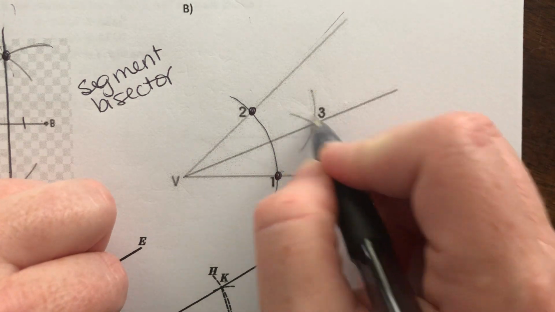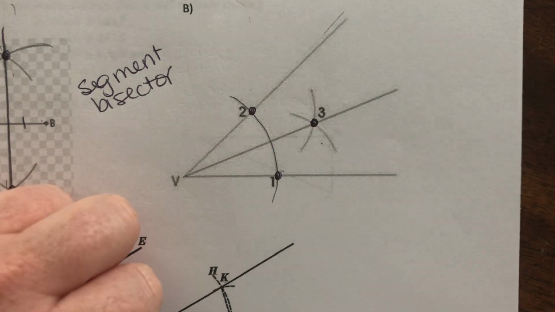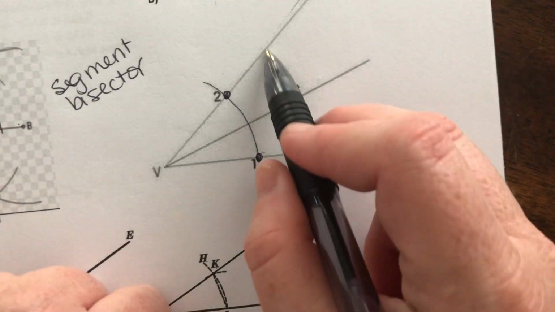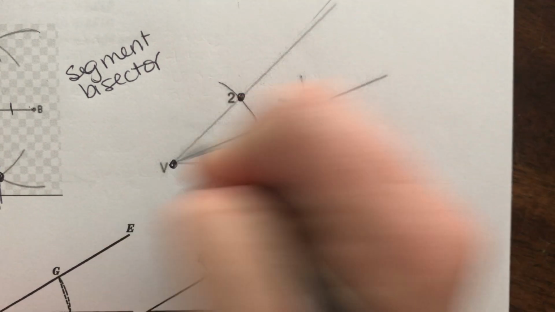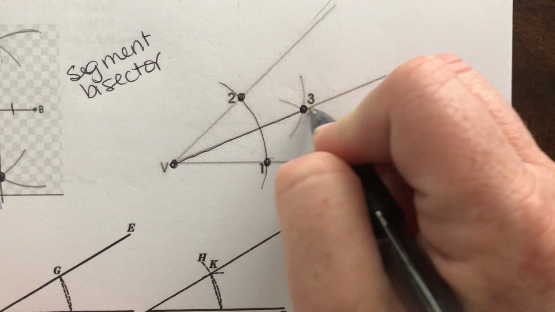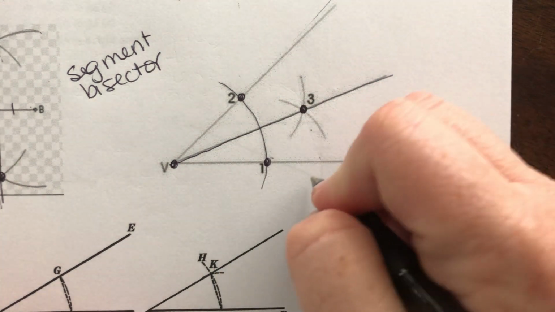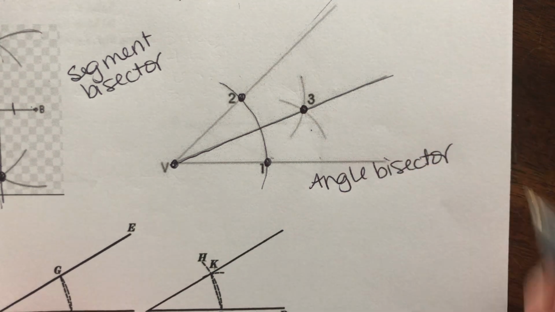And where those two markings intersect, we put a dot. Now, what do we do with that dot? That dot is halfway between our angle, right? If we connect this dot to the vertex of our angle and draw a line through those 2 points, this is an angle bisector. So, angle bisector.